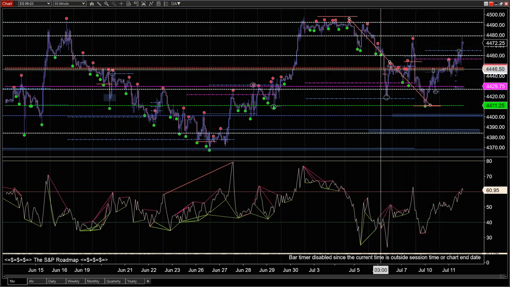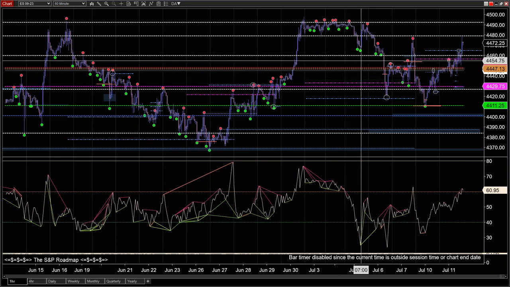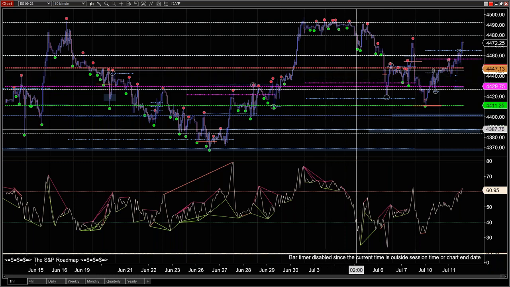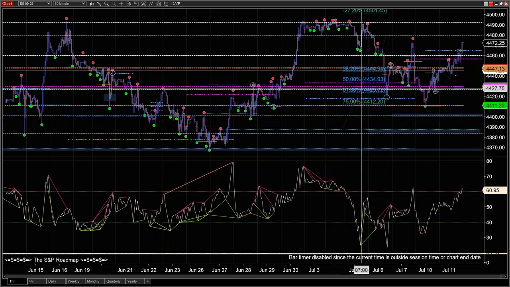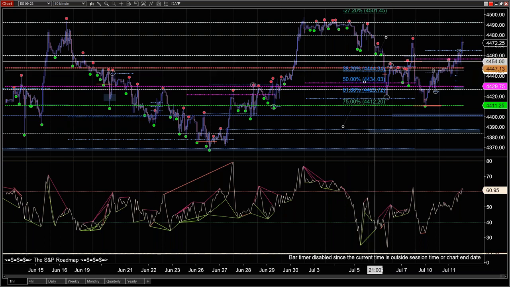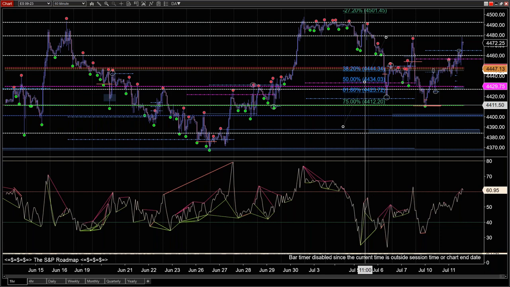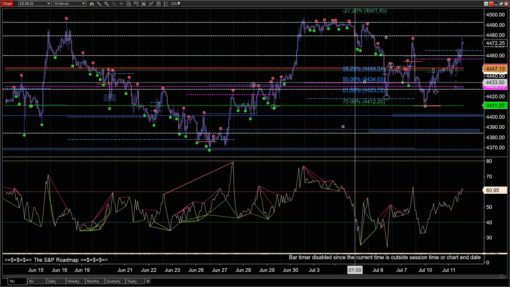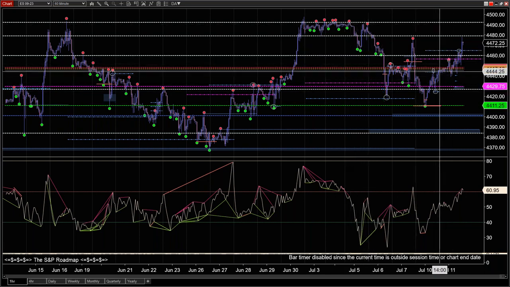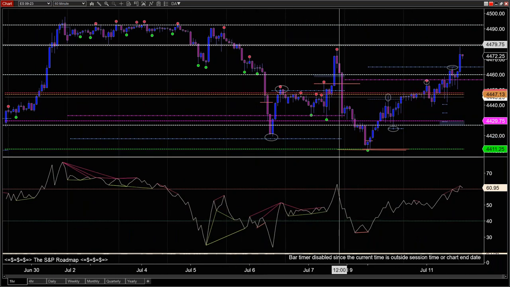I don't look at the 23.6 and, I forget all of them now, 78 point whatever. I just look at the 3 standard retracement levels. I look for the 61.8, the 50, and the 38. Those are the only 3 that I mark on my chart. Yeah, I've got my 75 that I always kind of look at, but I'm looking at 61, 50, and 38.